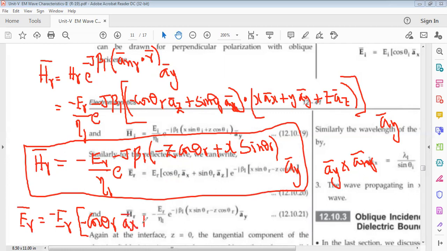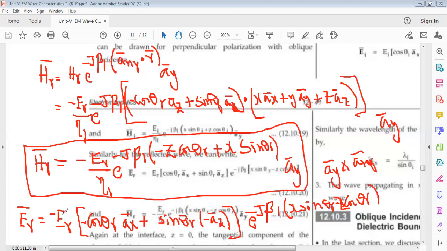And plus sin theta r into a_y and a_x. a_y and a_x is the reverse, so minus a_z, and the whole is multiplied with e power minus j beta 1 and whatever we got here, x sin theta r minus z cos theta r.